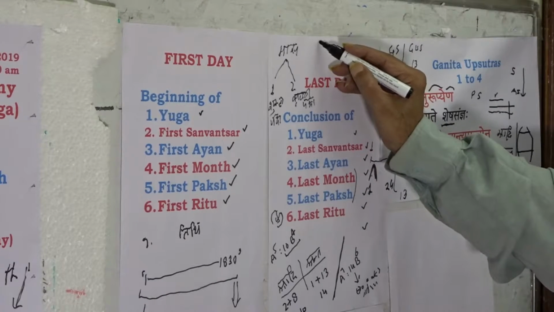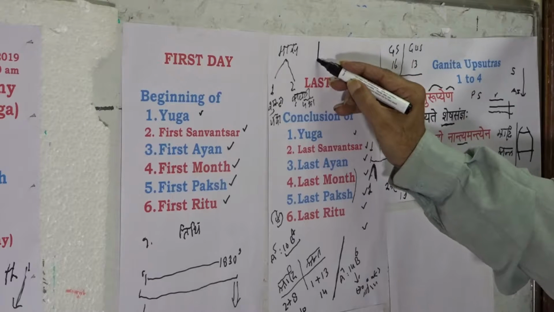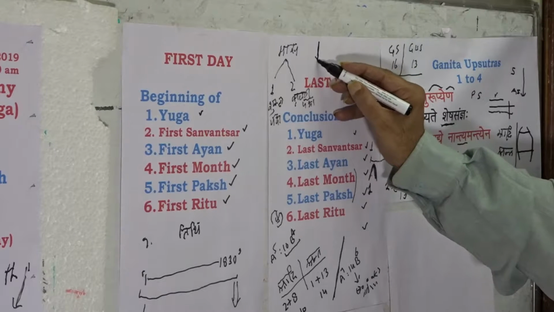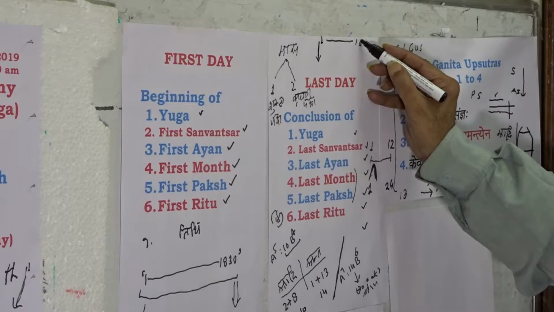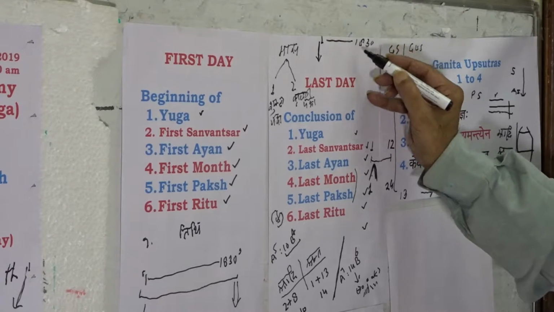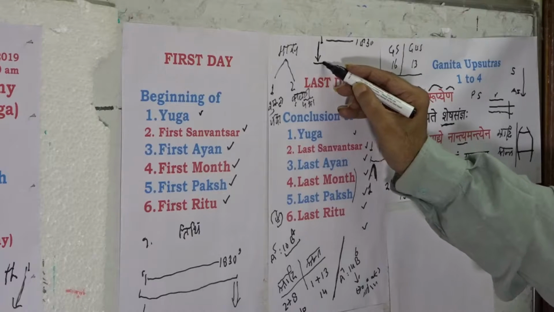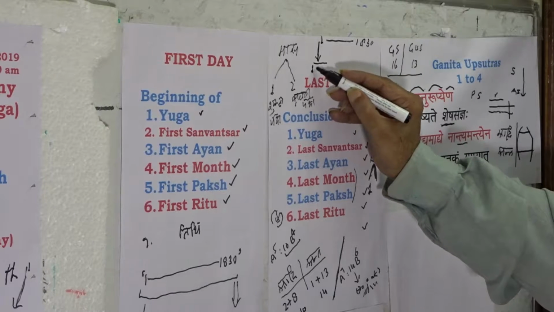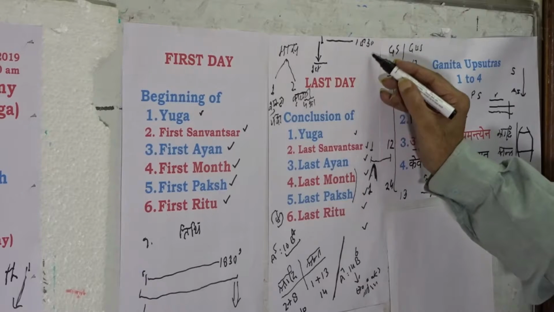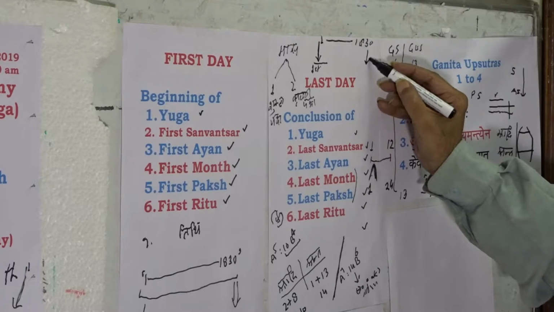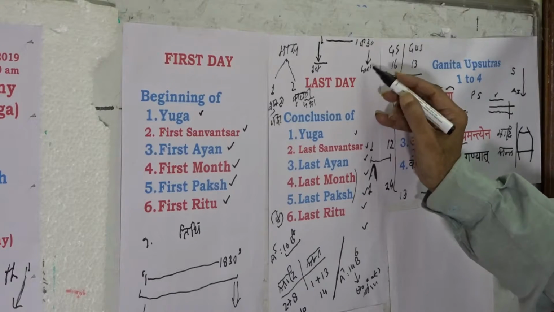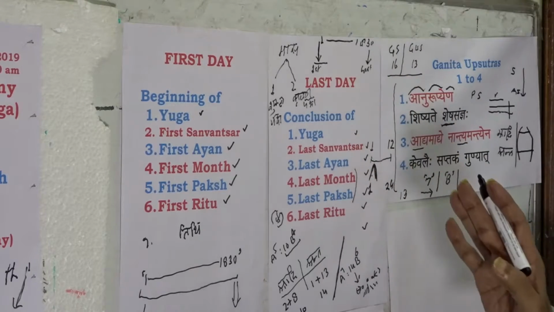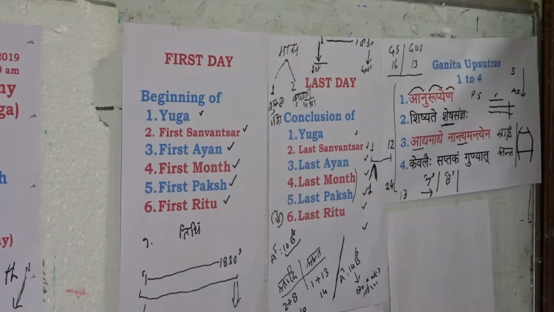So the first day, as the beginning of value 1 on the timeline of 1830 units, is going to be the beginning as Shukla paksh, the first day of the Shukla paksh, and here it is going to be the last day of the Krishna paksh.